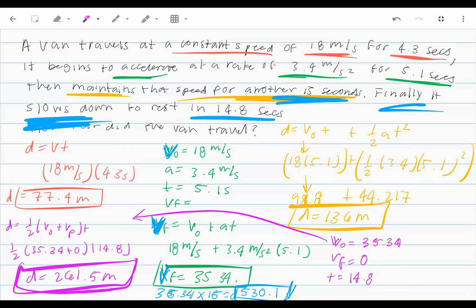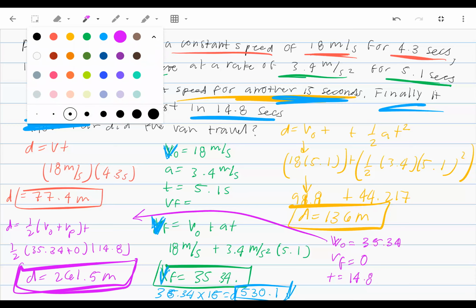The question is asking finally, how far did the van travel in total? So this is why it's good that I kept track of all the colors, or switched colors. Okay, it's still a pretty color. But now let's take all our distances that we traveled. Let's do the math here on this side.